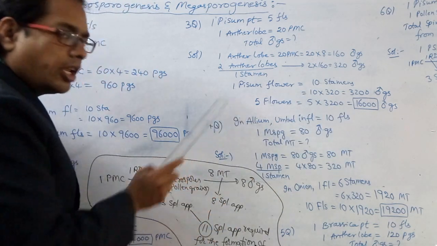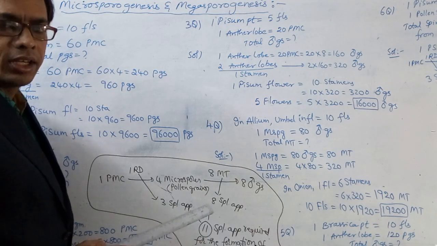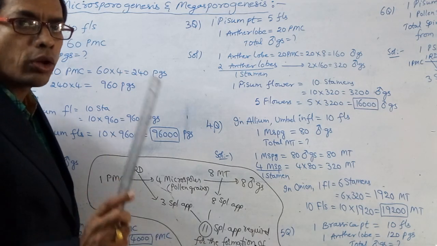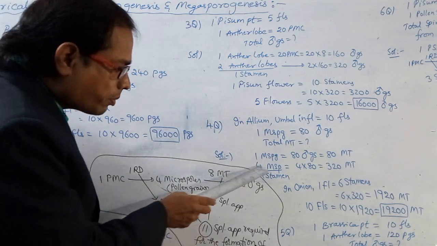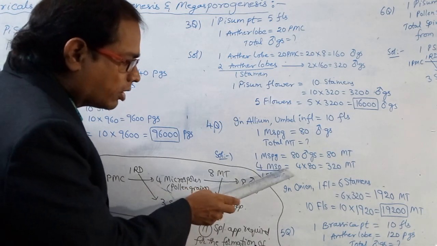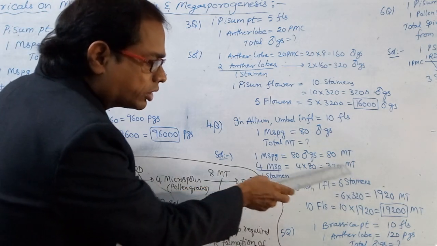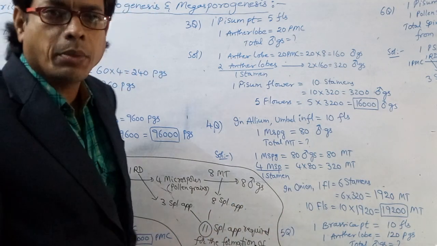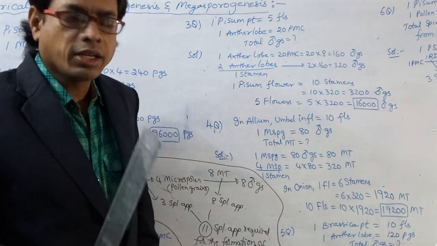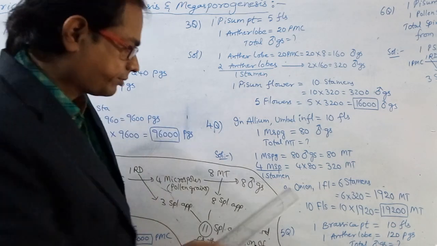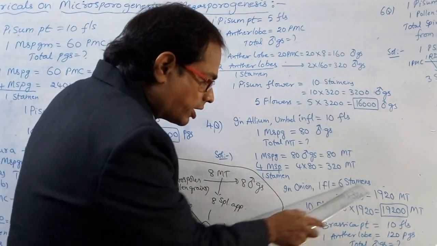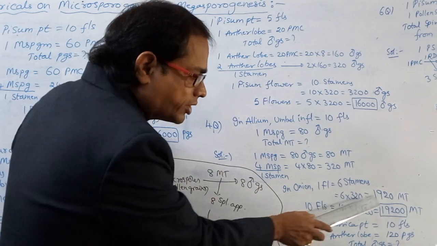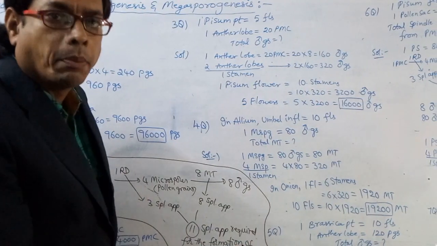Here Allium is dithecous. Dithecous means 4 microsporangia are present. For 4 microsporangia, that is for one stamen, 4 into 80, that is equal to 320 mitosis. In onion, how many stamens are present in one flower? 6 stamens are present. 6 into 320, that is equal to 1920 mitosis.